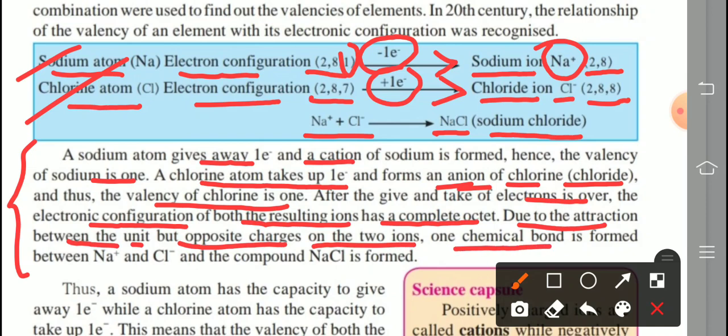One positive and one negative charge are present in the sodium and chloride ions. That's why between these single positive and negative charges, one chemical bond is formed between the sodium ion and chloride ion, and the compound NaCl is formed. So in this way compounds form.